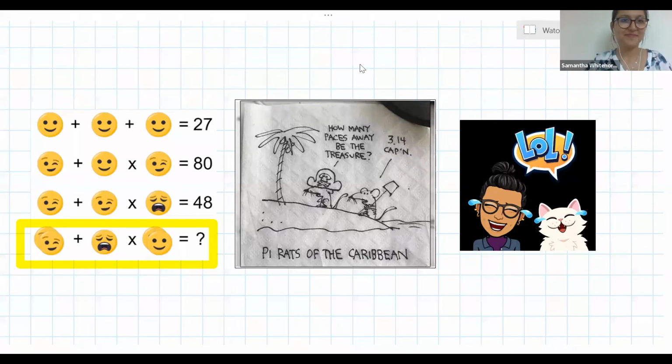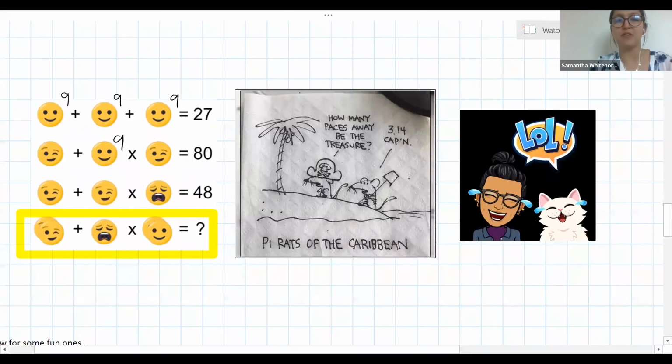Yes, ma'am. For the first one, you say 9 times 3. It's going to be 27. Excellent. So each of these smiley faces is 9. For the second one, I said 8 plus 9. Which operation do we actually want to do first? Should we be multiplying first or adding first?